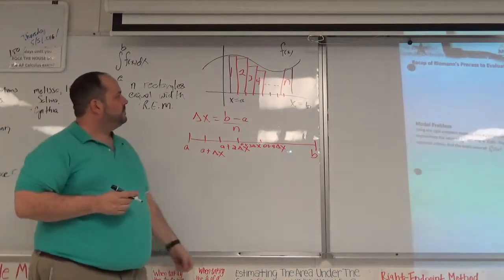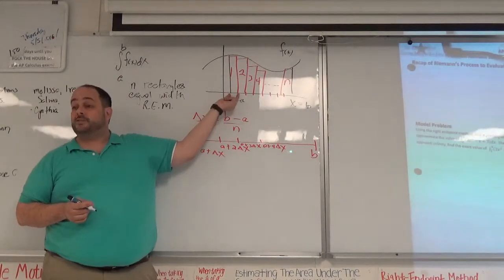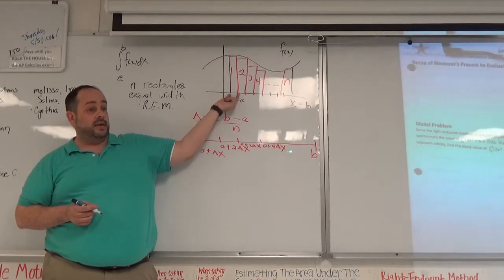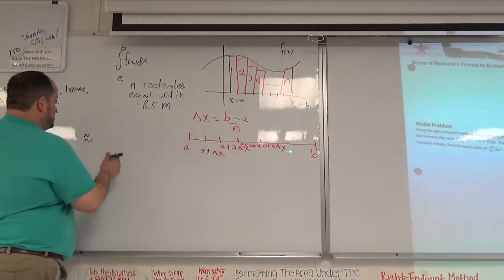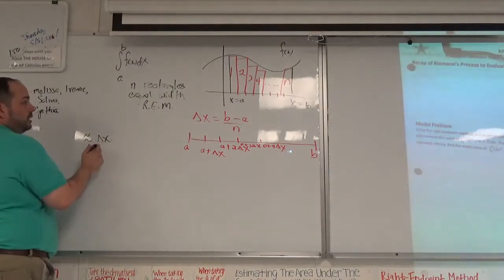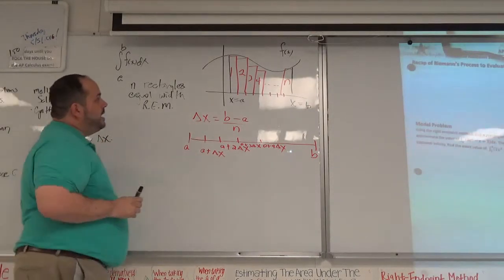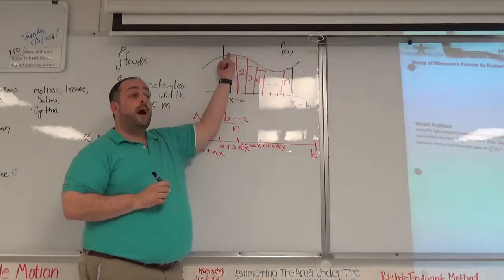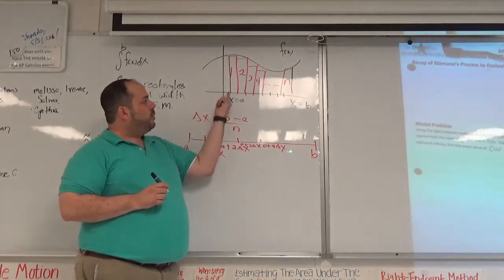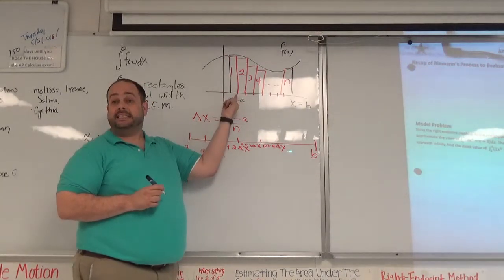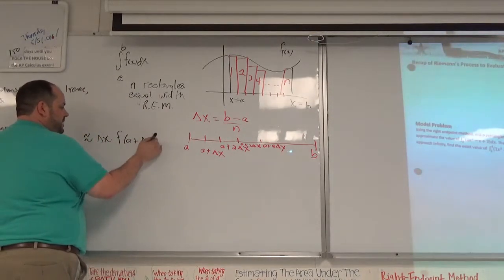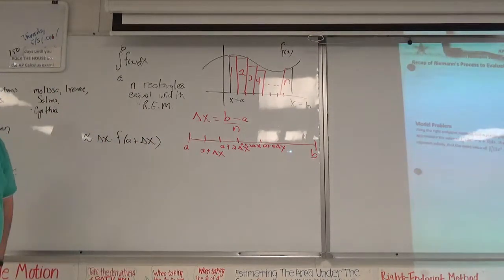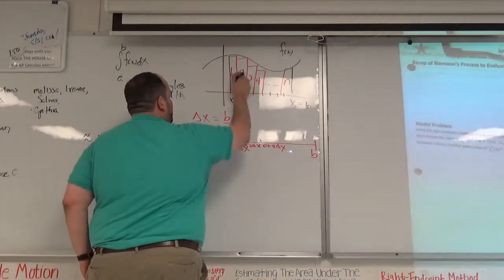Kind of close. The question is, how wide is the rectangle? Delta x. The width is delta x. How tall? That's where we need the y value, right? I need the y value at the right endpoint, so it's going to be delta x times f of a plus delta x. Are we okay with the first one? So that's the first rectangle.